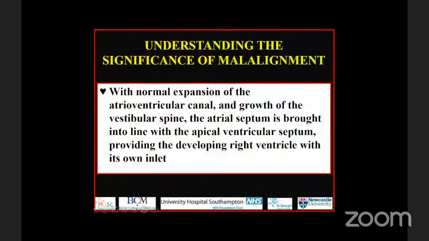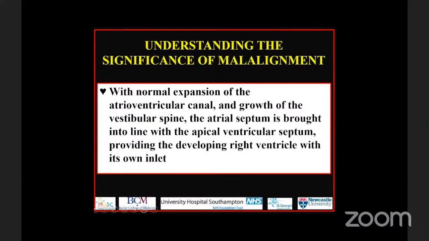So what Andrew has shown you now is the consequence of lack of expansion of the atrioventricular canal. And that left us with a situation in which the atrial chambers, the atrioventricular junction, was connected to the morphologically left ventricle. Now you all know that if growth is normal, then the atrioventricular canal will expand, and that will give the developing right ventricle its own inlet.